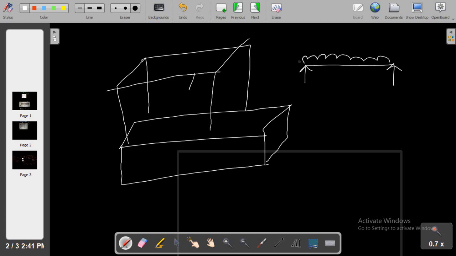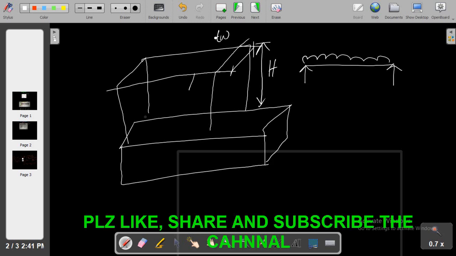So we need the height of the wall, denoted by H, the thickness of the wall, denoted by TW, and the length of the wall, denoted by L. But most of the time we take the length equal to 1 unit, 1 foot or 1 meter.